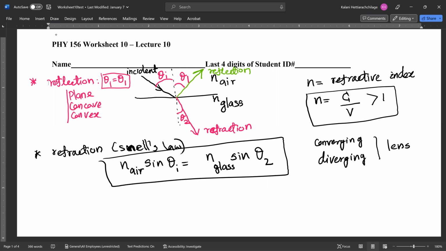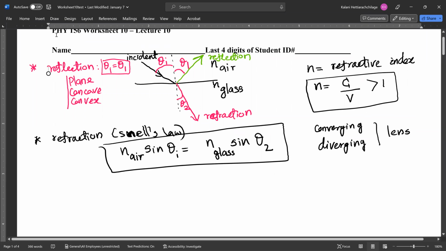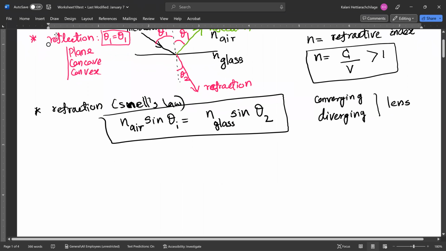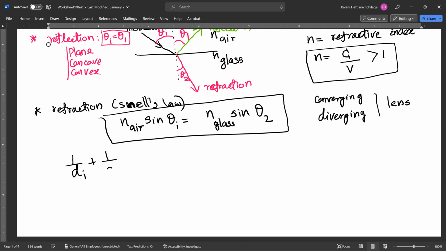So these are the rules that we are following, but when you go to mirrors and lenses, you have a formula that you can use to theoretically calculate or locate the image location. We call it the lens formula and also the mirror formula.